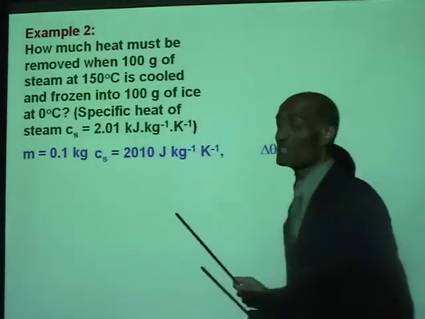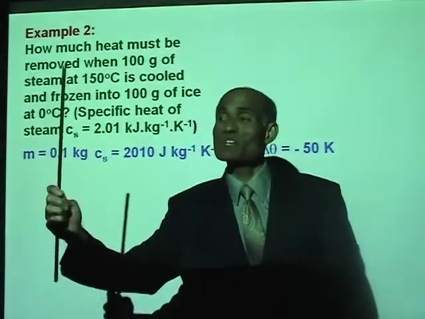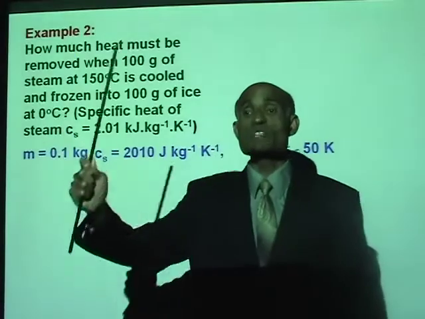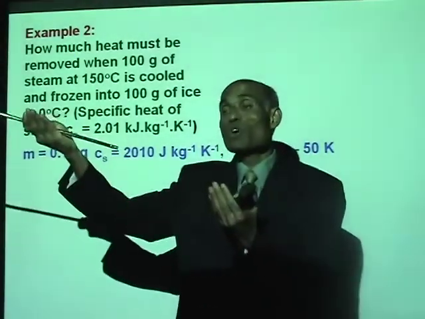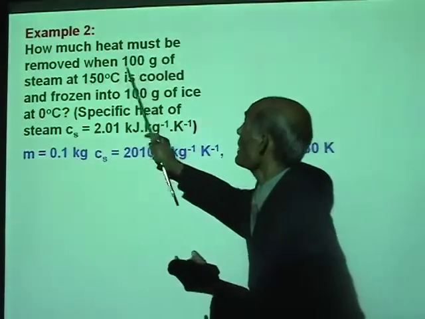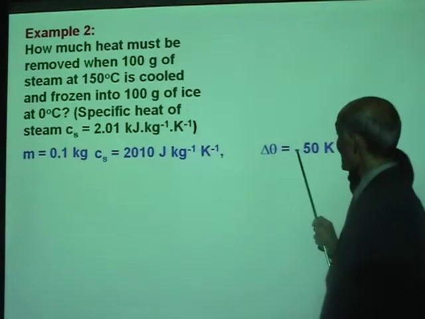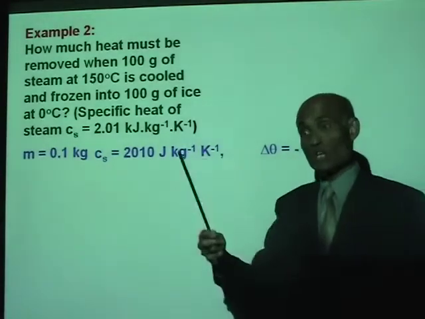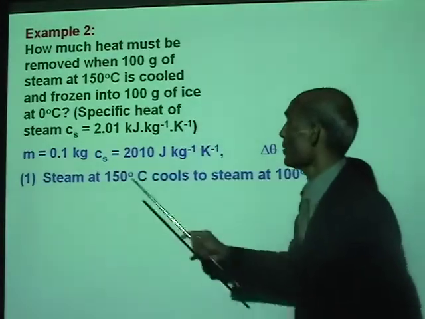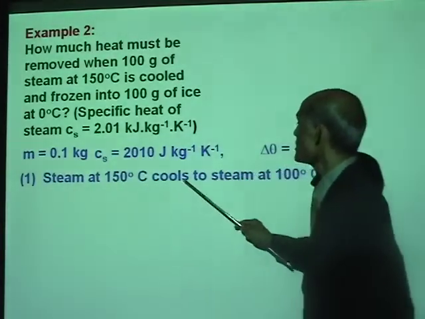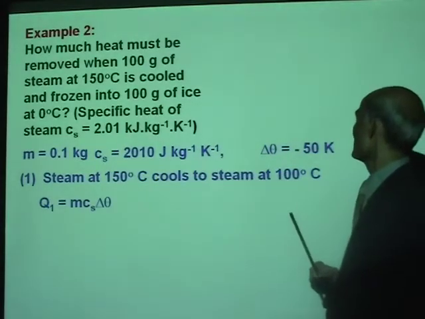And this steam is first going to lose its temperature from 150 degrees to 100 degrees. So in stage 1, steam is going to cool down from 150 degrees to 100 degrees. The change in temperature is negative 50 Kelvin. Negative indicates that it is losing heat. So steam at 150 degrees cools down to steam at 100 degrees Celsius.